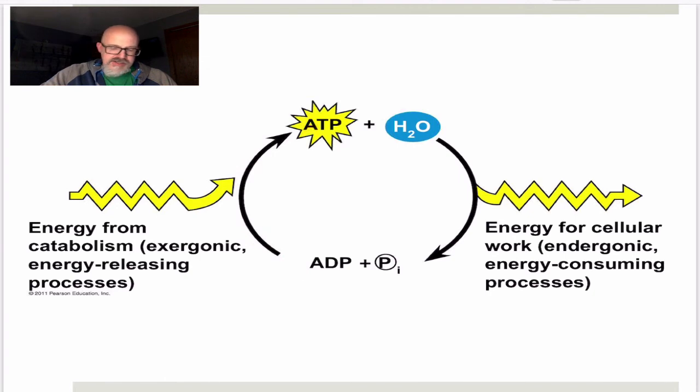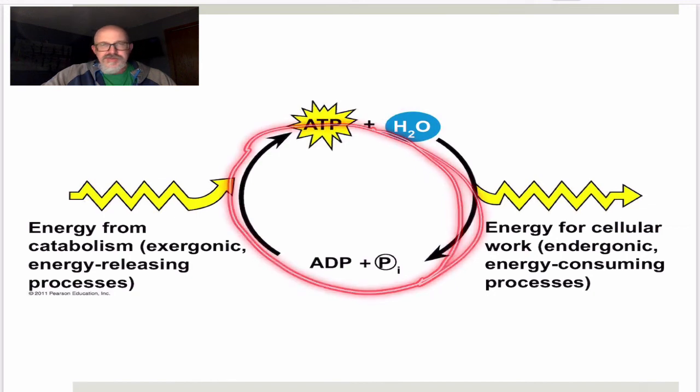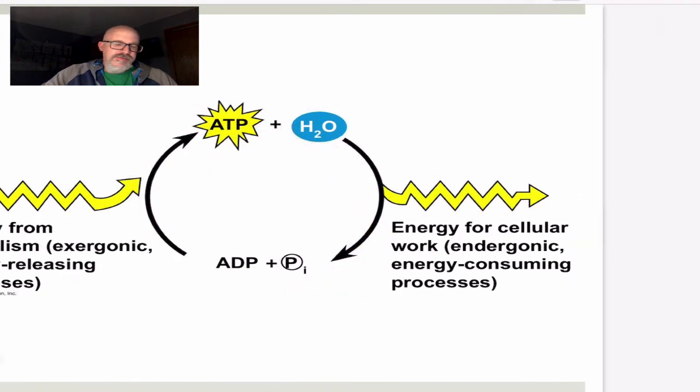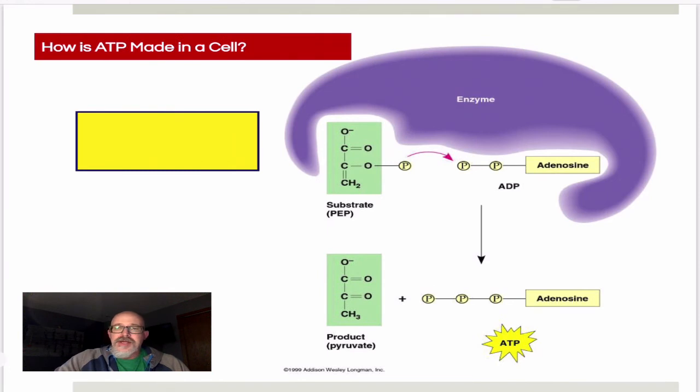So this constant cycle of endergonic reactions, energy consuming, energy releasing, energy consuming, energy releasing, is the key to life in terms of energy. So this ATP is pretty important to our life because it basically causes every reaction to happen. So the big question is, how do we make it?